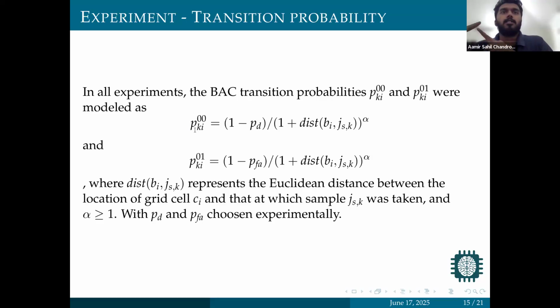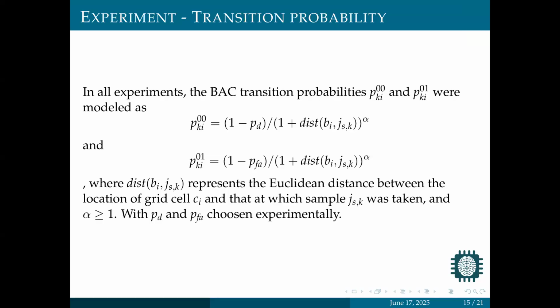K is the index representing where the measurement is taken, and I is the index representing a particular grid cell. And the distance is the function of the distance between BI and where the measurement is taken.